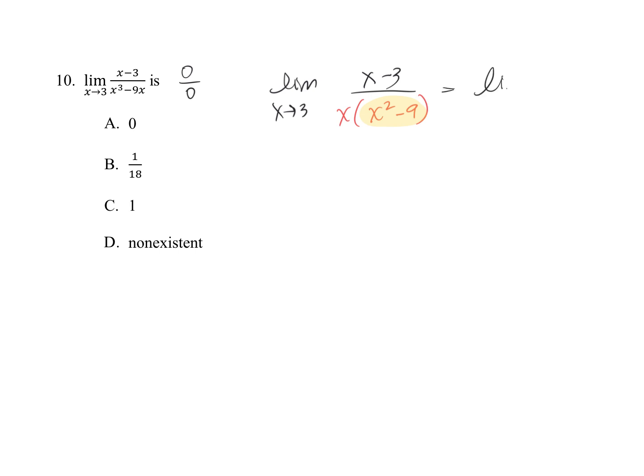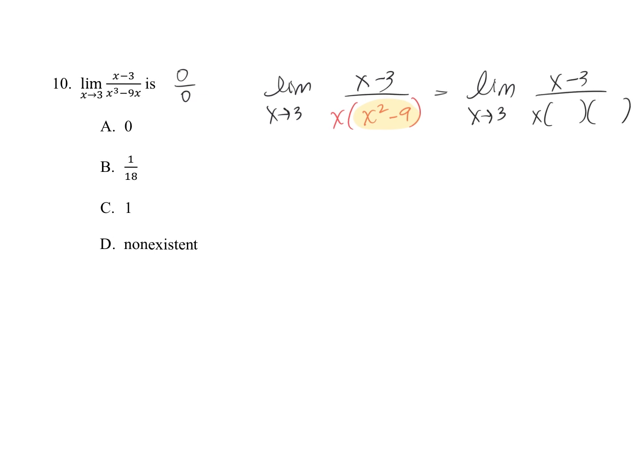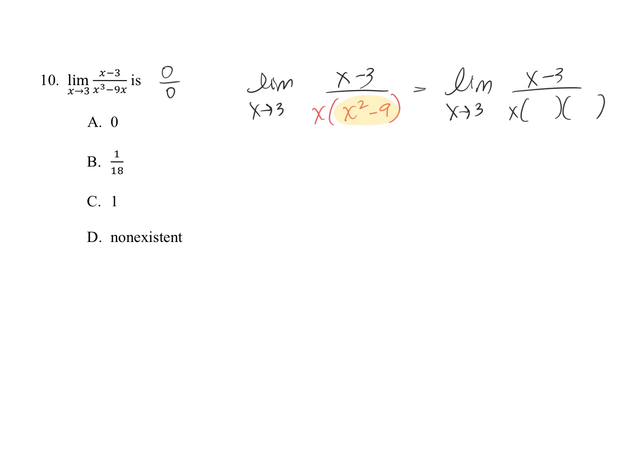So I've got limit as x approaches 3, x minus 3 on top, x times, what's that difference of squares looking like? X minus 3, x plus 3. Anything cancel now? Yeah, it's x minus 3. What's on top? Be careful. 1.